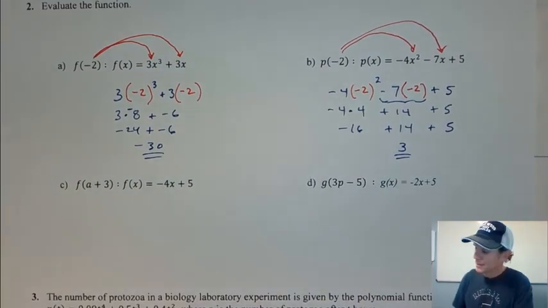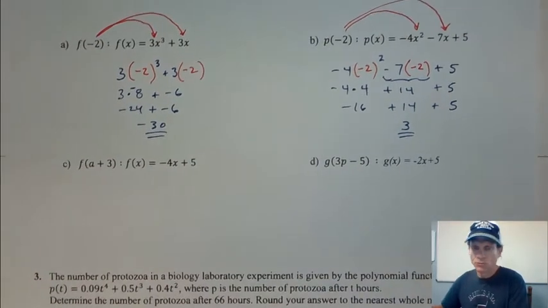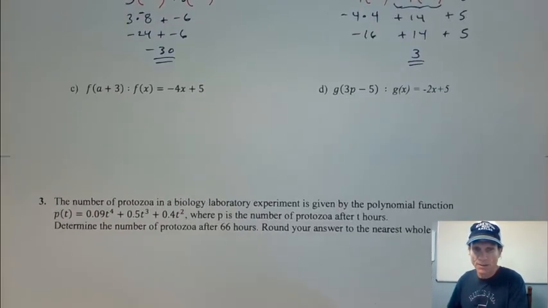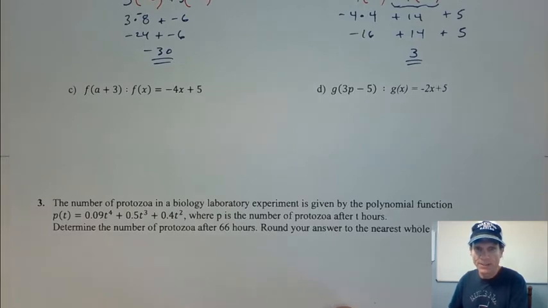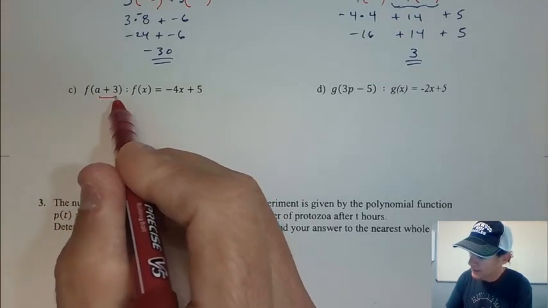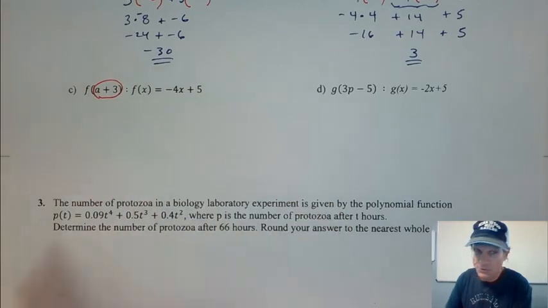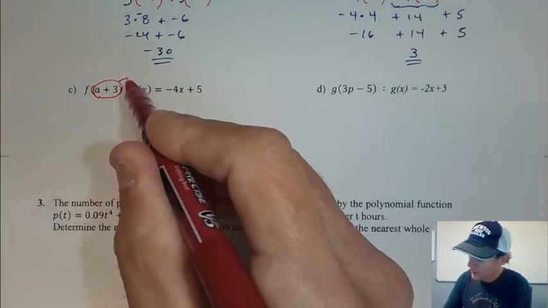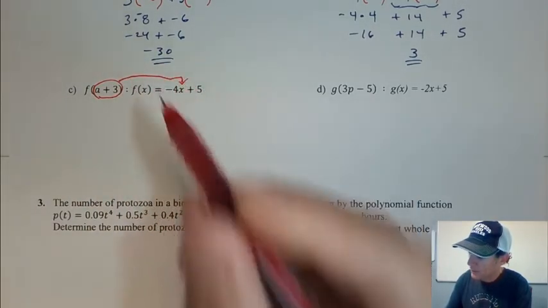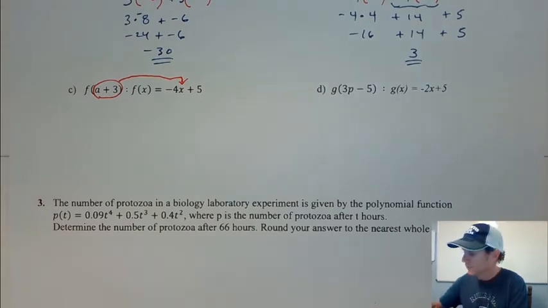Okay. Now a little stranger evaluating here is that you're going to get a binomial or something that maybe just isn't a plain old number, and we've got to substitute that in wherever we see an x.